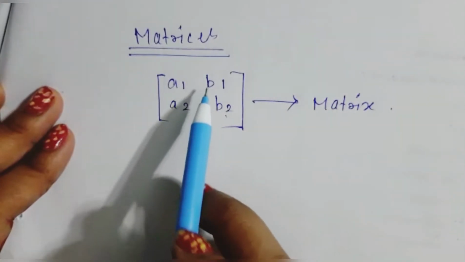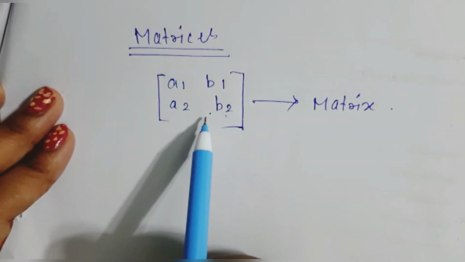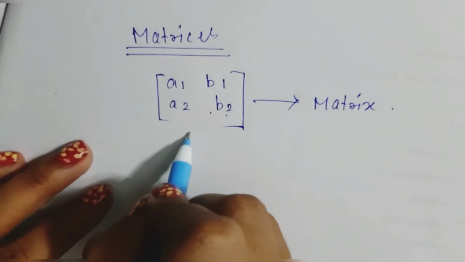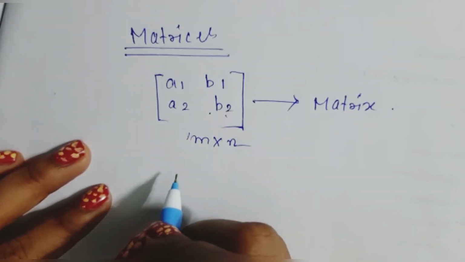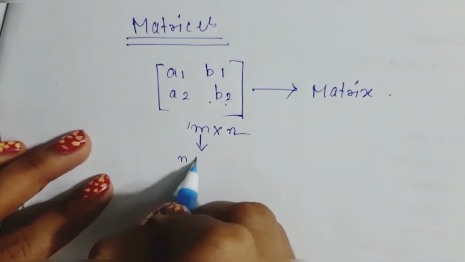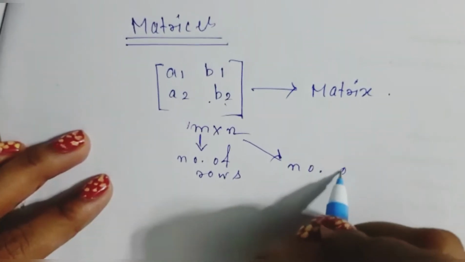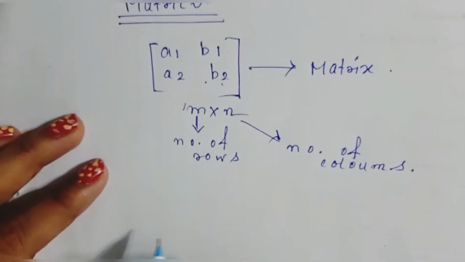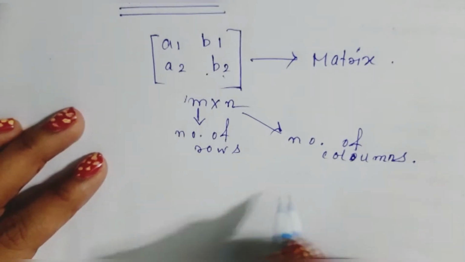Now, this is written in just a compact form, and this is of the order of m cross n, where m is your number of rows and n is your number of columns.